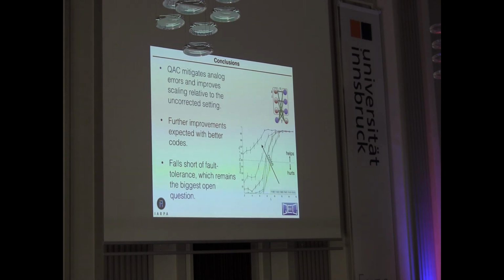That's this plot, right? This is Chimera. Now with Pegasus, I don't know exactly what the distance of the code is going to be, but I expect that it could be maybe as large as 7. And that is in the category of further improvement being expected with better codes.